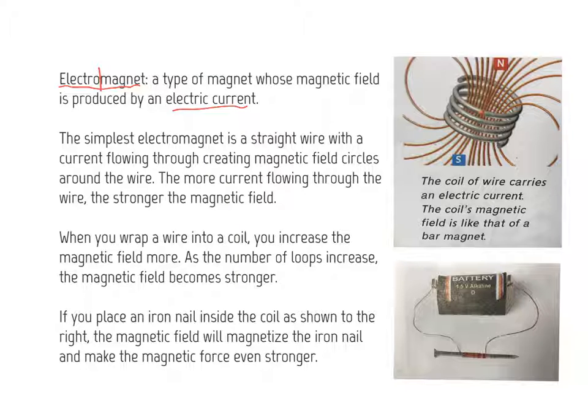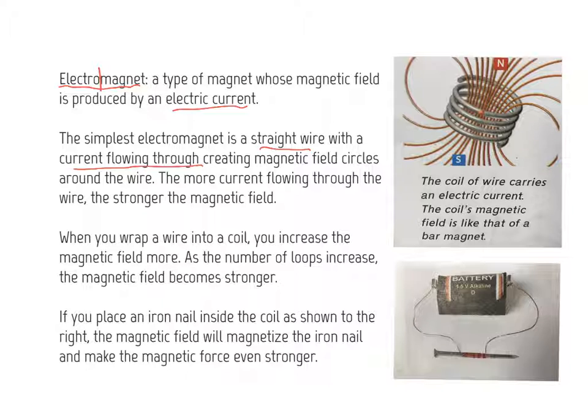The simplest kind of electromagnet is just a straight wire with a current flowing through it. It's going to create a magnetic field that does circle around the wire. So anywhere you see an electric current flowing through, there is a very, very small magnetic field on the exterior of that current.